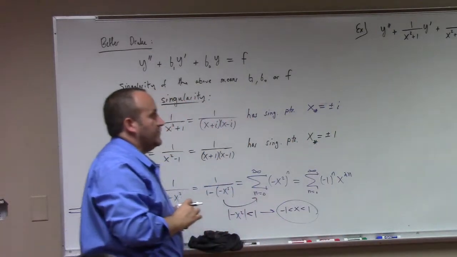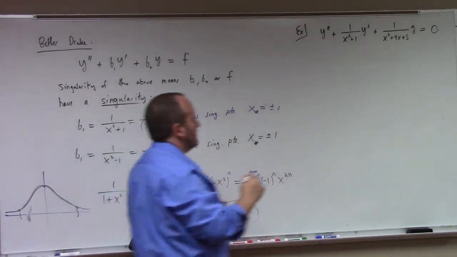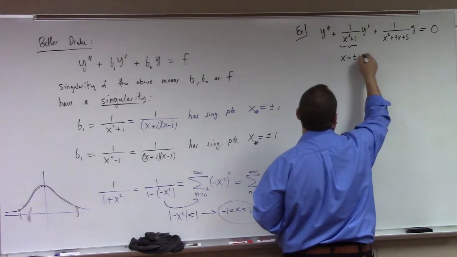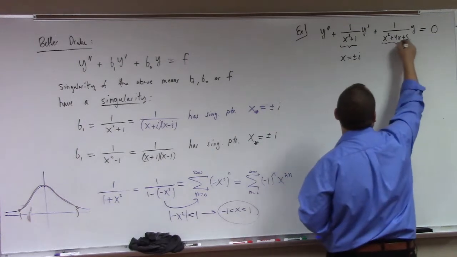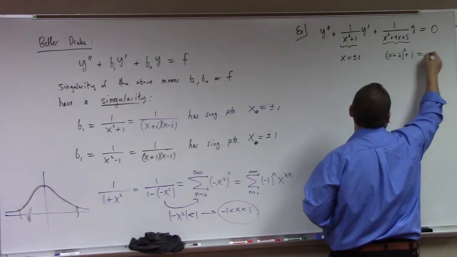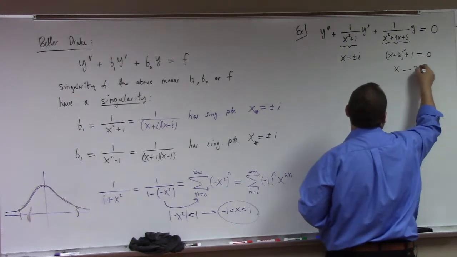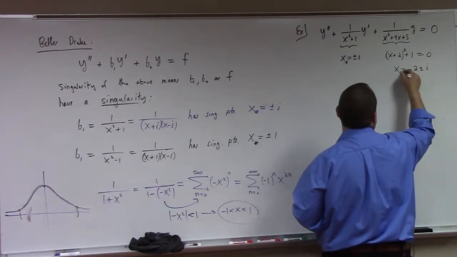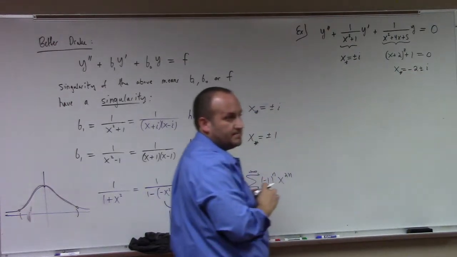So what are the singular points for this differential equation? Yeah, exactly. x equals plus or minus i are the singular points from this. This one, that's x plus 2 quantity squared plus 1 equals 0. So this gives me x equals minus 2 plus or minus i, right? These 4 points are my singular points.